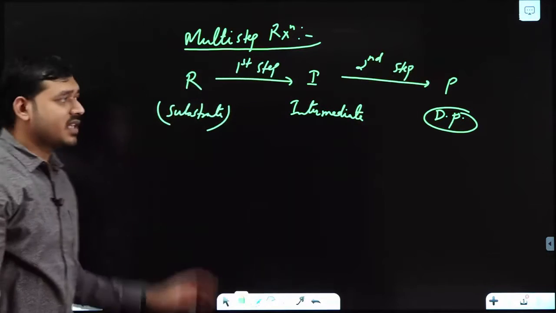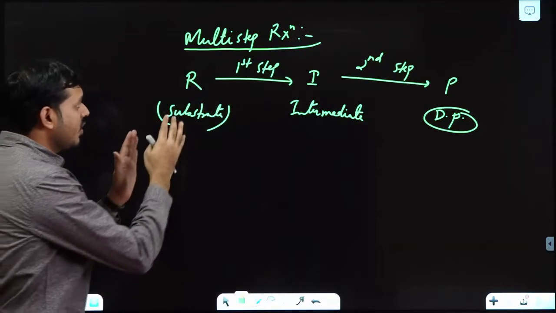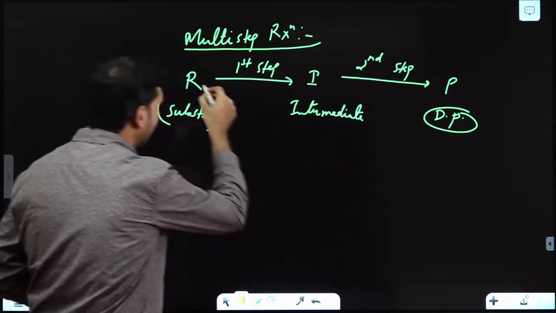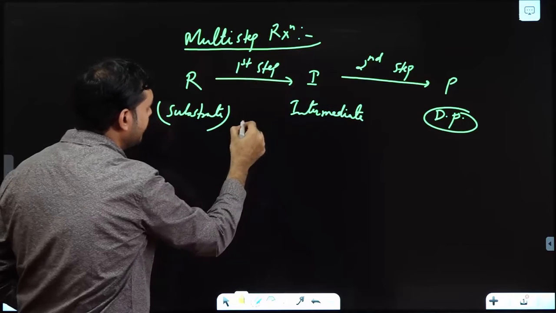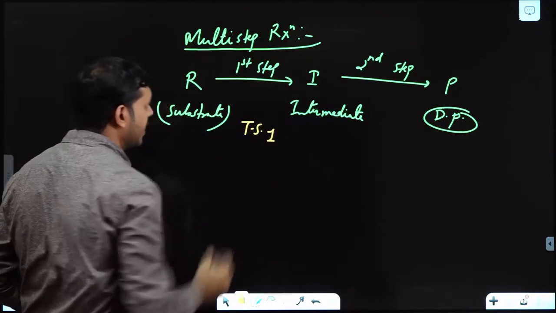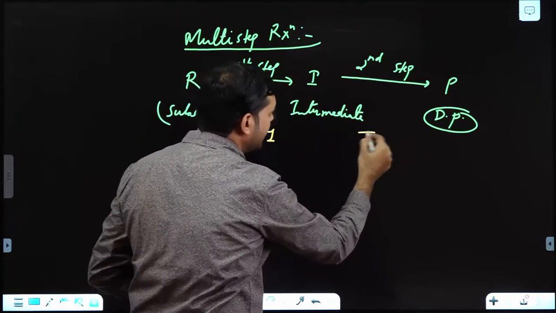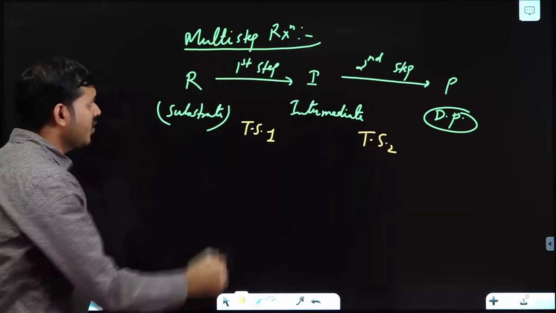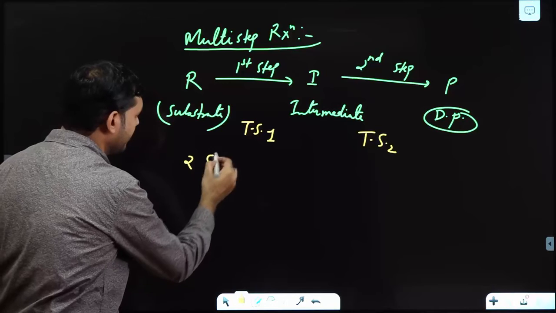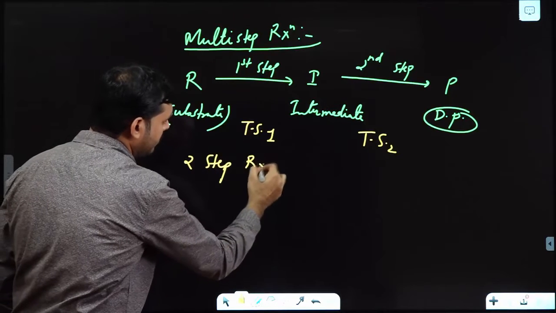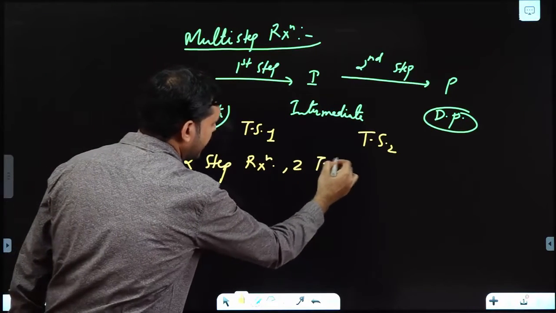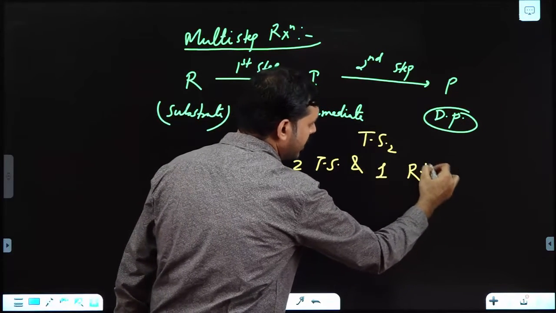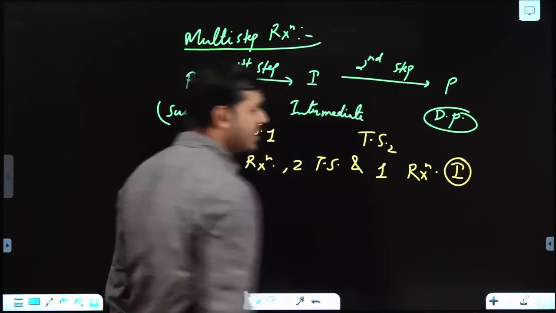Now understand a few points. I told you in every step there must be a transition state. So you can say for R to I there must be transition state 1, and from I to P there must be transition state 2. Okay, now for a two-step reaction, 2 transition states and 1 reaction intermediate.